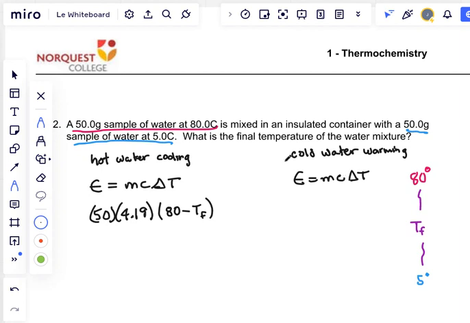I can do the same thing on the cold water side. Mass here is 50 grams. Specific heat, cold water is water, so 4.19. The temperature change here is from 5 degrees up to TF, which we can write TF minus 5.